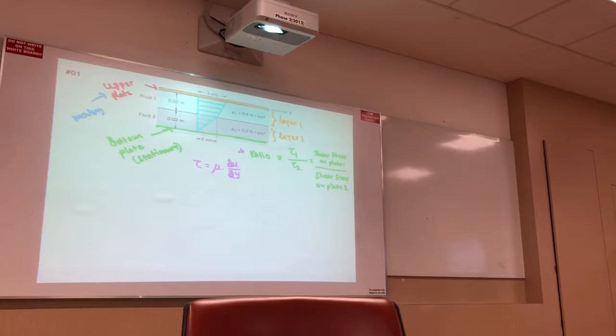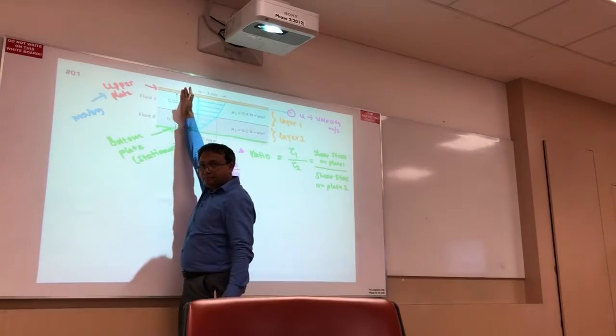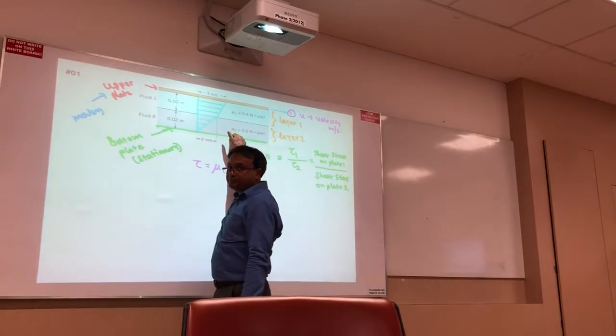I better write d. It's all d. So u indicates the velocity in meter per second, and y indicates the distance. This indicates y, this way, and this indicates the velocity.